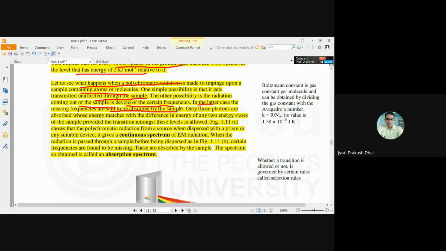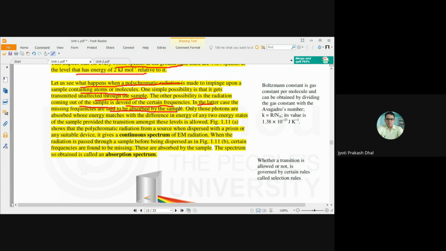Suppose an electromagnetic radiation is passed through a sample that contains a large number of atoms or molecules. By nature, there will be two chances: the radiation is transmitted unaffected through the sample, or, according to its characteristics, the sample absorbs electromagnetic radiation of a particular wavelength.